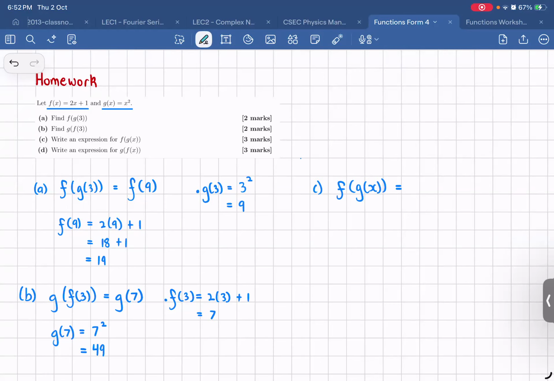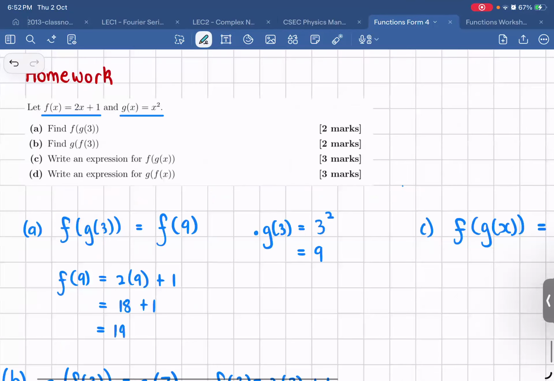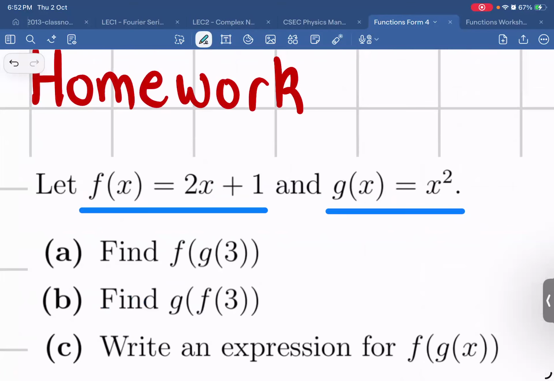Nice. So in the other questions, we had actual values, like in this question, we had g of 3. This time we just have g of x. I want you to remind me what g of x was. G of x was x squared.